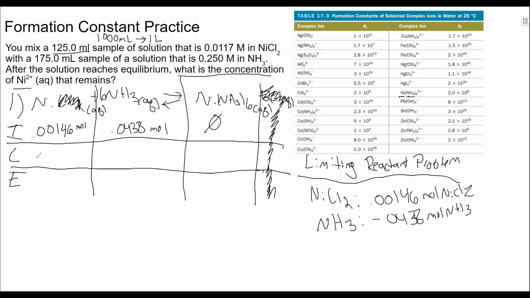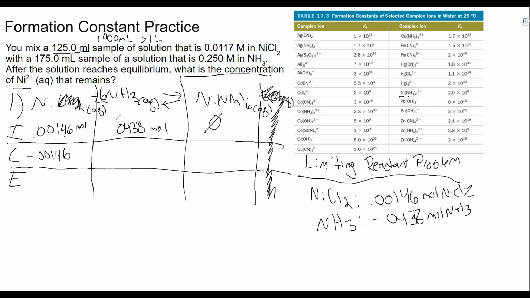All right, now the change. Remember what I said at the beginning of the video. We're going to make nothing but products, which basically means all of our reactants will be used up. And the reactant that runs out first, our limiting reactant, is our nickel. So we can just assume we more or less use all our nickel in this reaction. So the change is actually going to be minus the amount of nickel we start with.